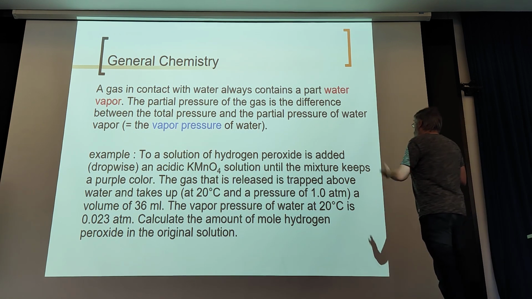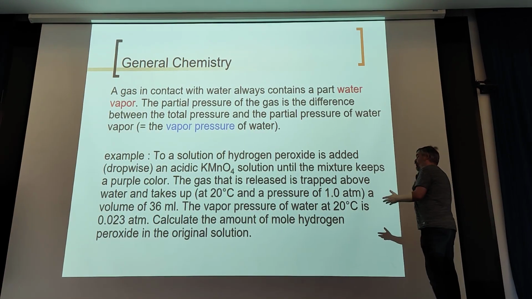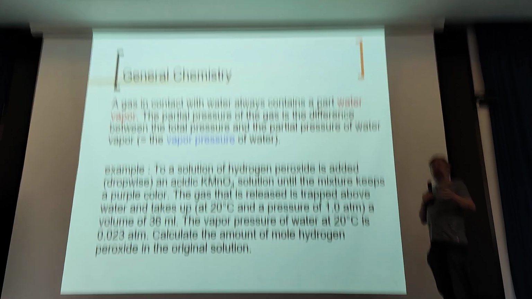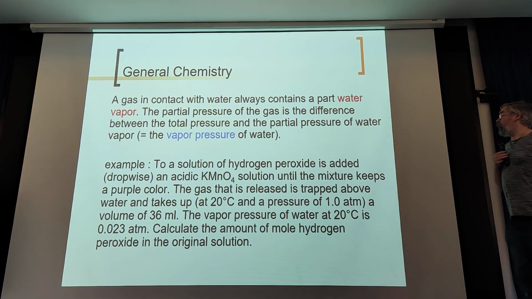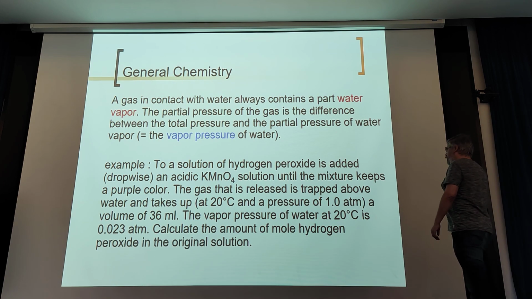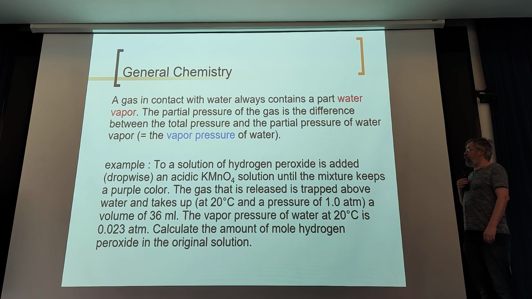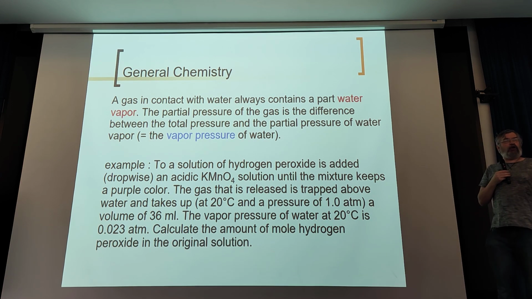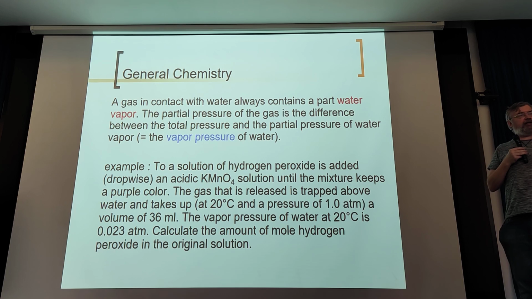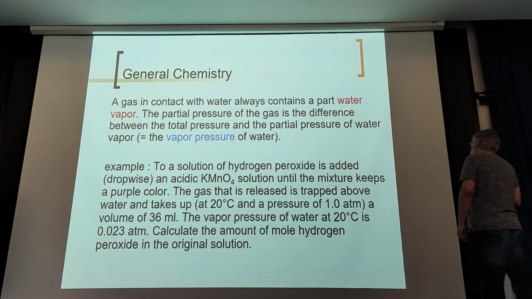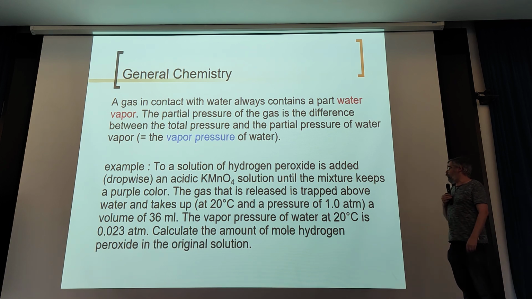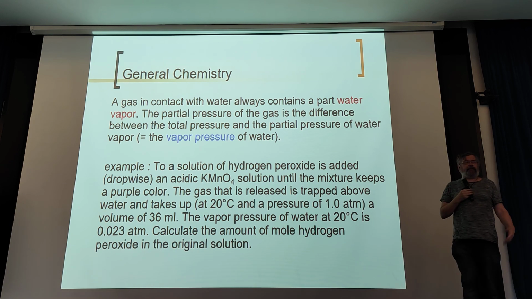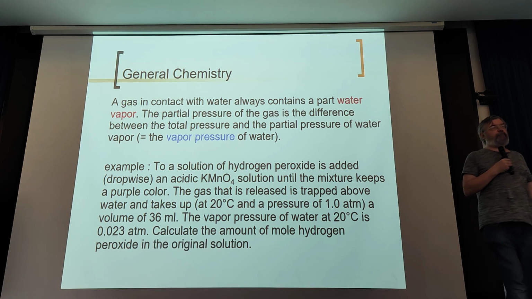We know it's at room temperature, 20 degrees, and that the ambient pressure is 1 atmosphere. The volume of gas that is escaping is 36 milliliters. So we have all of the data now: V, P, T, and so on. What is also given here is that the vapor pressure of water at 20 degrees is 0.023 atmosphere.